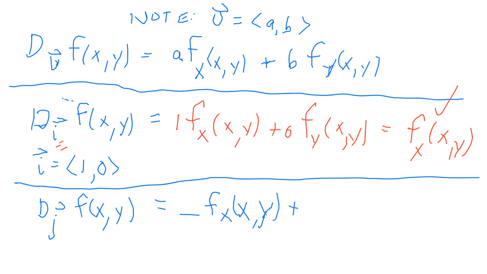Because the j vector is equal to 1, 0, or 0, 1, sorry. 0, 1.